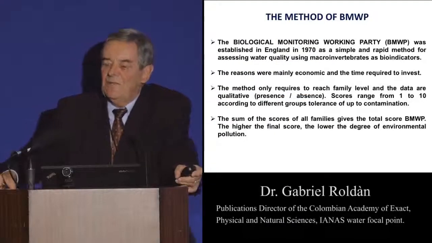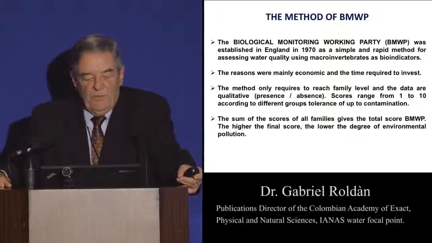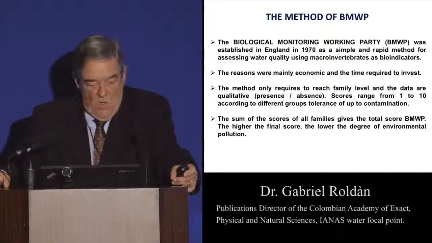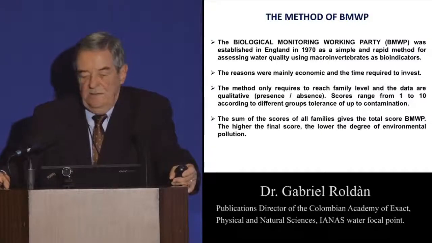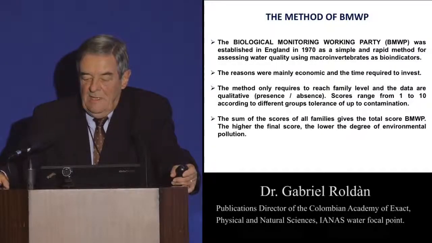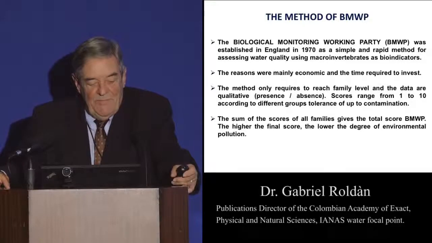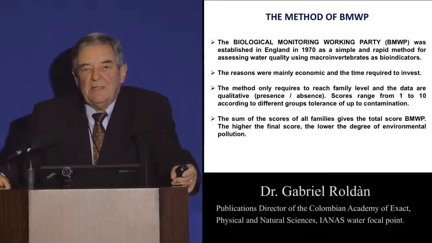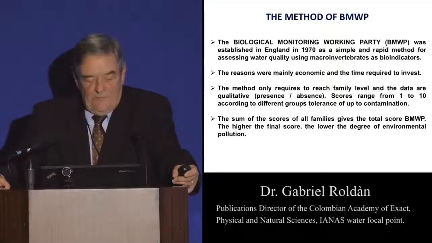What is the method of BMWP? The Biological Monitoring Working Party was established in England in 1970 as a simple and rapid method for assessing water quality using macroinvertebrates as bioindicators.